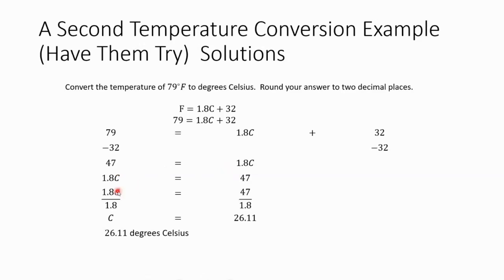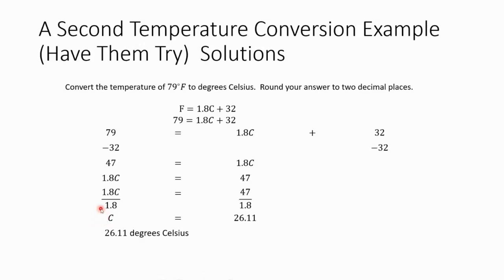And either way, you just got to divide by 1.8. And when you do that, you get C equals 26.11. So we get 26.11 degrees Celsius. Okay, I hope that made sense.